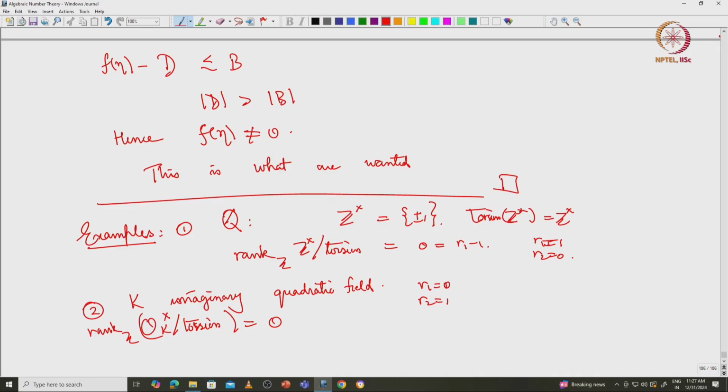Okay. And units are what cause a lot of difficulty when you want to solve equations, because you understand prime ideals or ideals well, and equality of two principal ideals means that the generators of those principal ideals differ by a unit. Now, if there are only finitely many units, you can try to handle them in some way. For example, in Z we just have 1 and minus 1 as units.